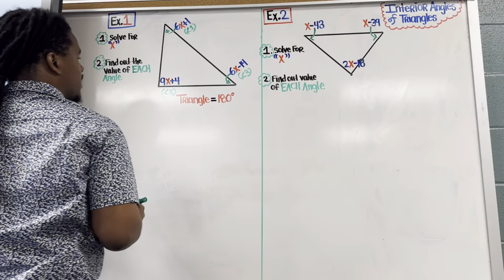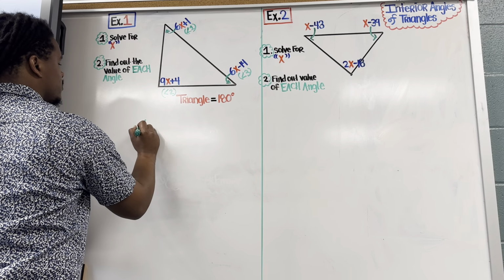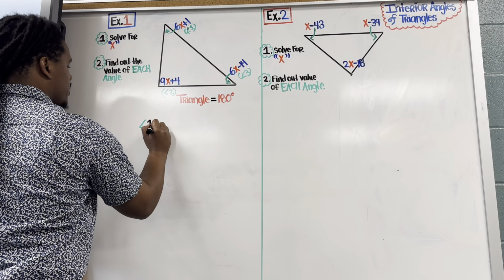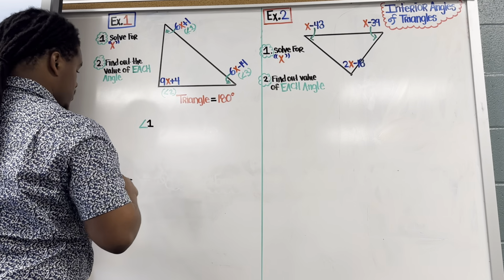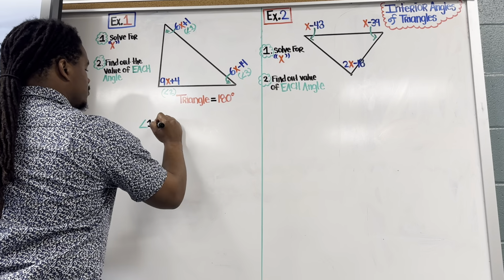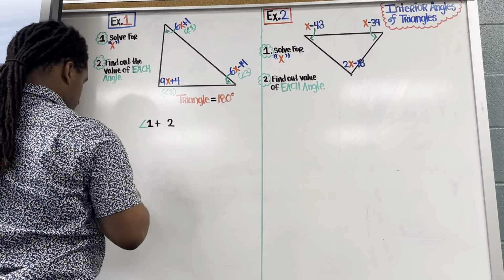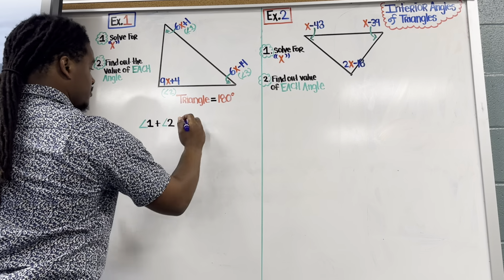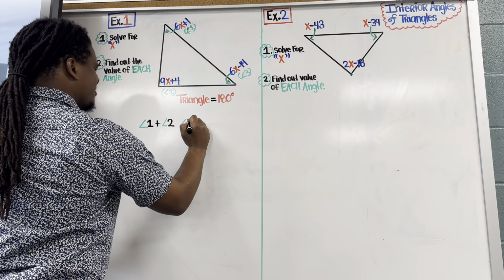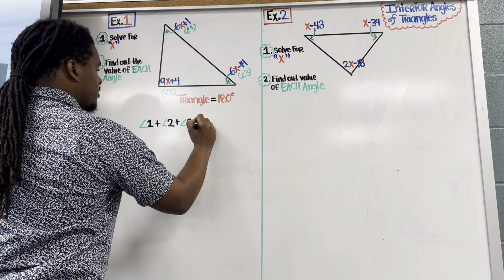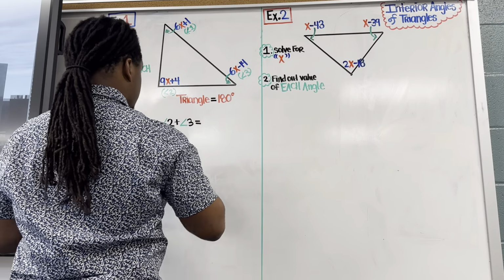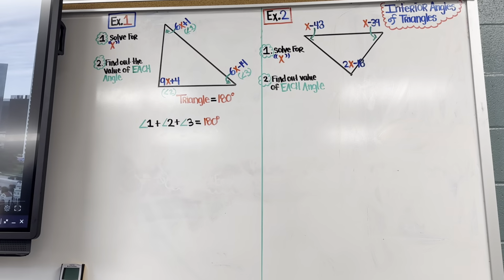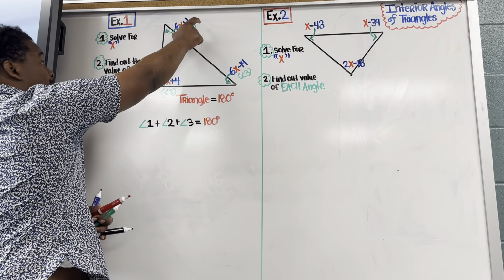Now, remember, guys, angle 1 plus angle 2 plus angle 3 equals 180 degrees, okay?